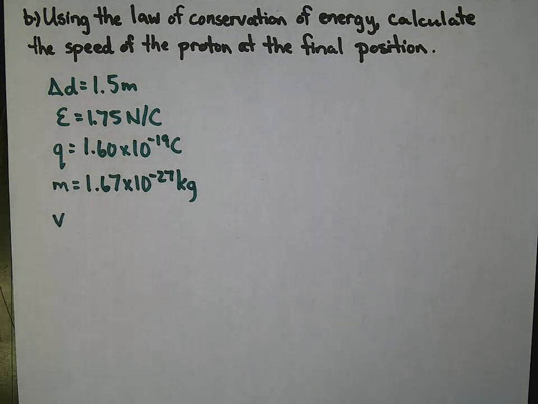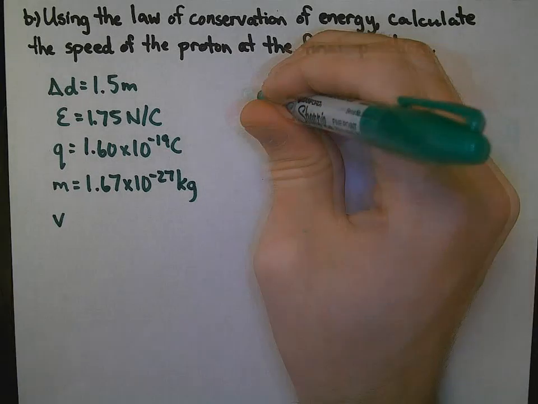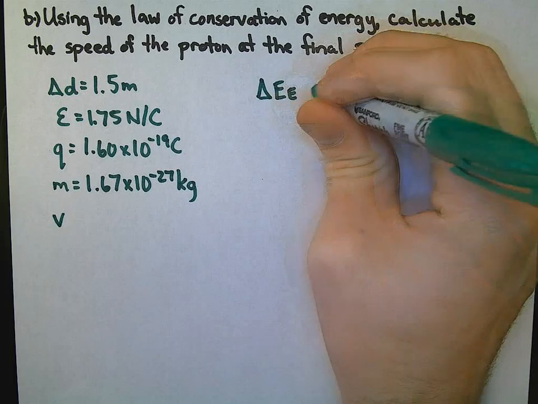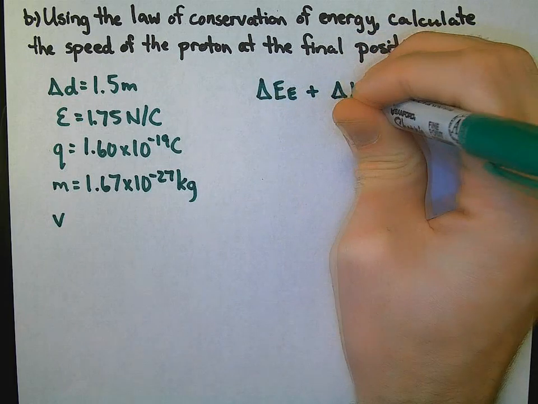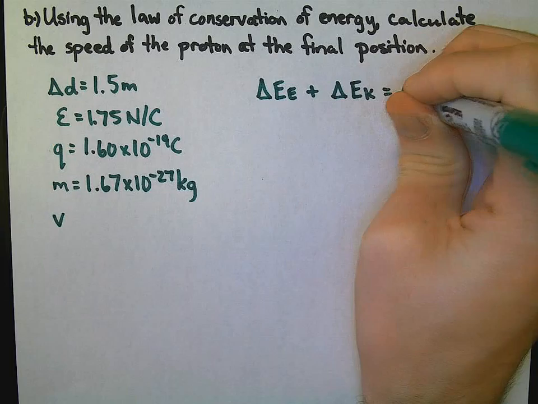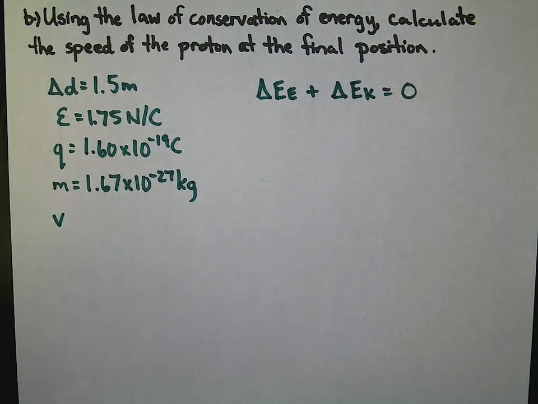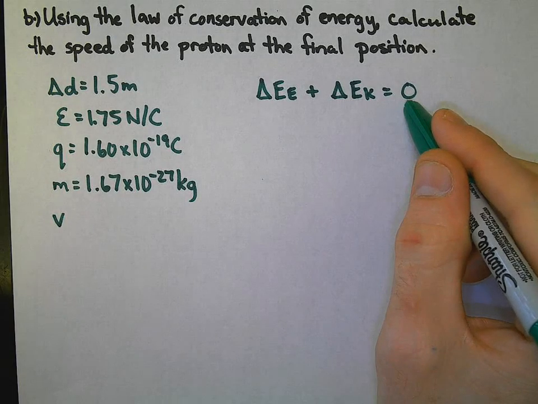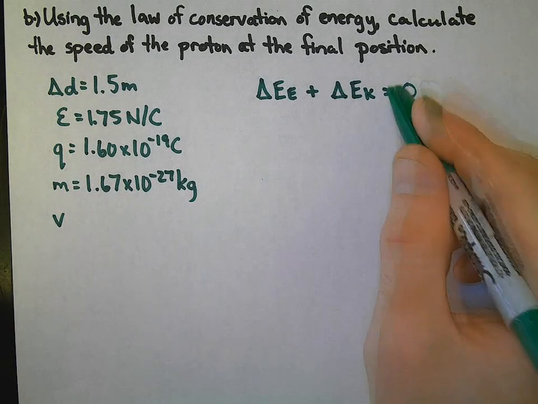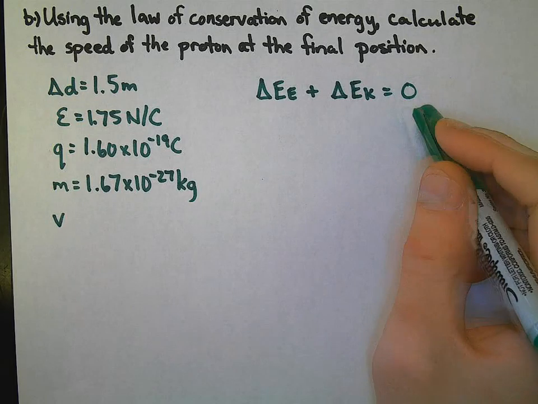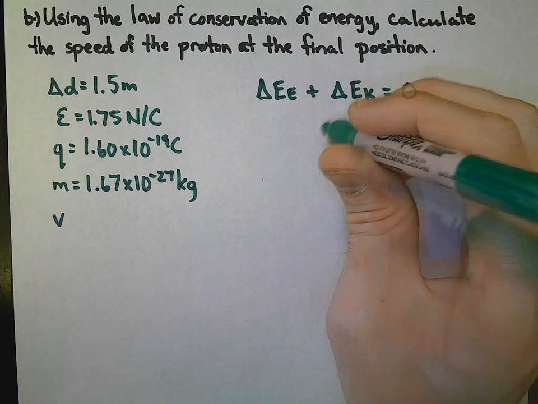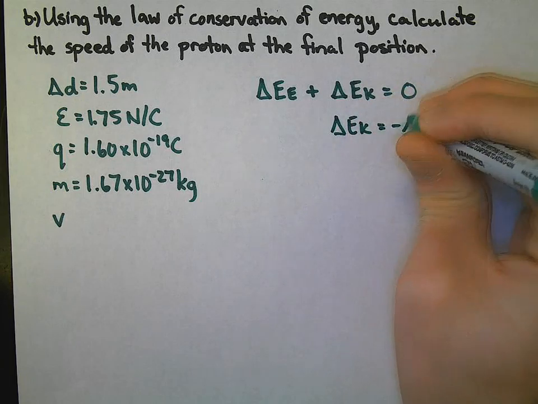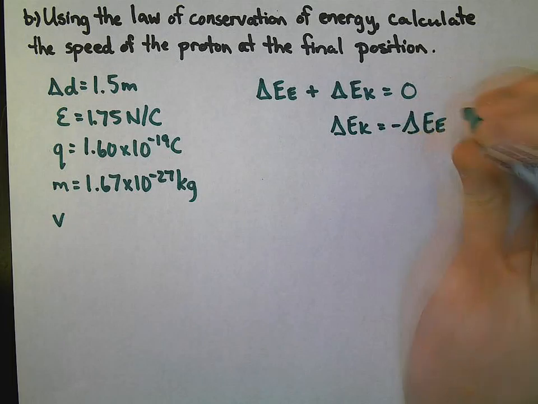Because we have the law of conservation of energy, we have electric potential energy that is being converted into kinetic energy in this case. And it must equal 0 because no energy is created or destroyed. So we're assuming, because of the law of conservation of energy, that this should be 0. Solving for EK, we get that kinetic energy is equal to negative EE.